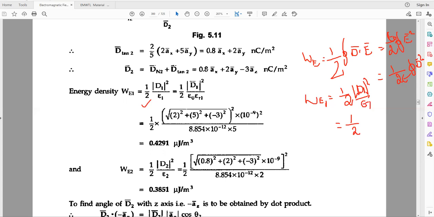For D2, it means 0.8 square, 2 square and minus 3 square, the coefficients of AX, AY and AZ. This is the equation, divided with 1 by 2 epsilon naught, which is 8.854 to the power of minus 12.